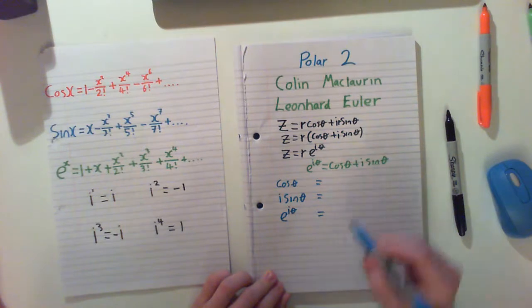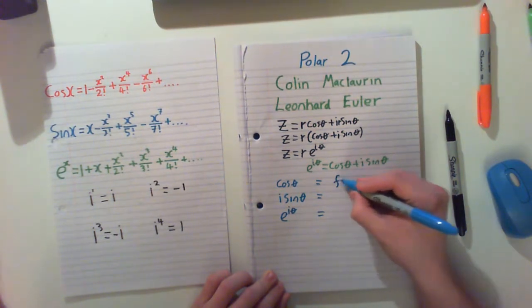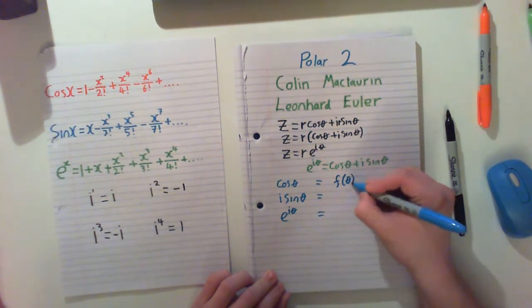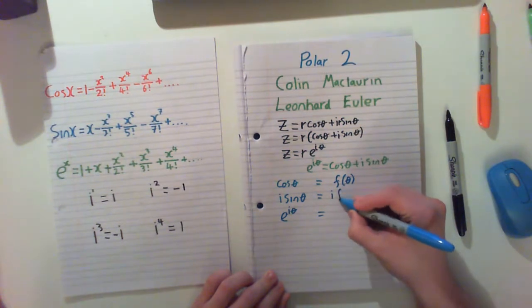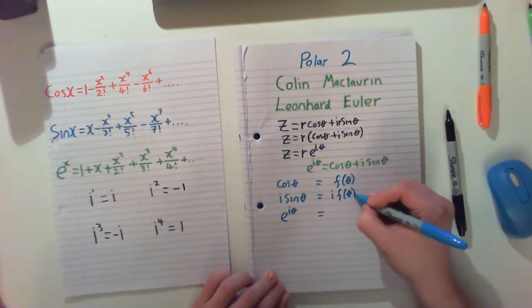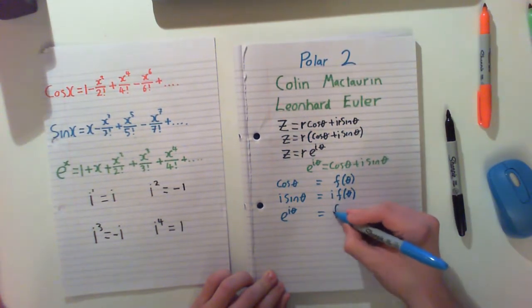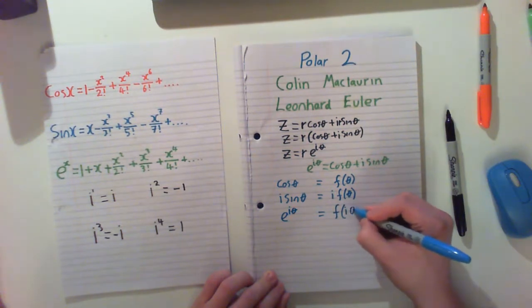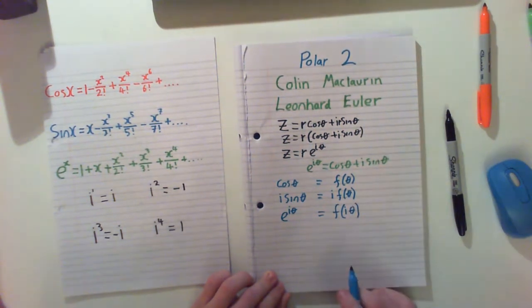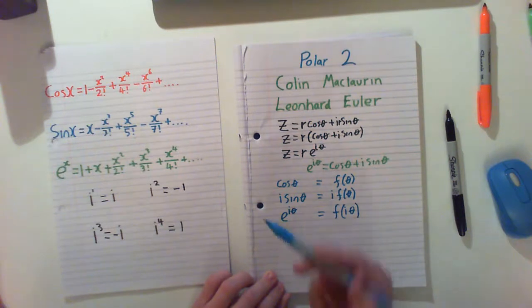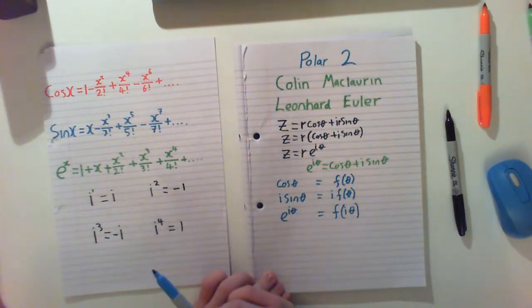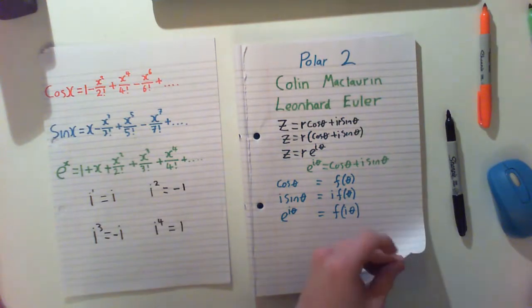To really get across my point here, this is a function of theta, this is i by a function of theta, and this is a function of i theta. I'm really stressing the point here because when we come to put these values into the series, this is where most people's confusion comes in. And we're going to show you why now.